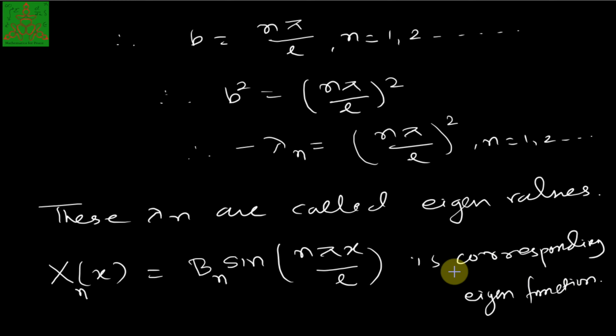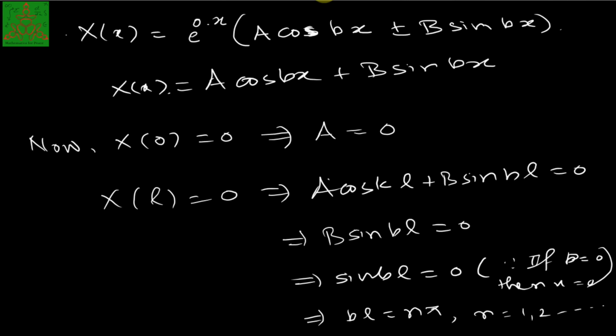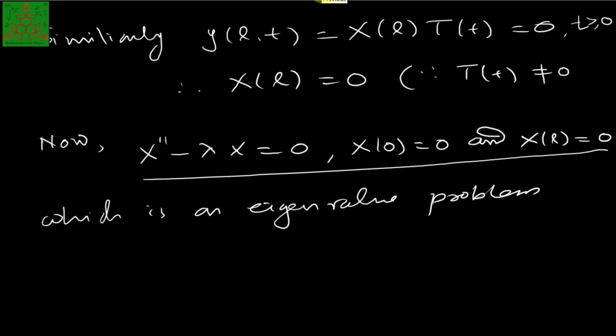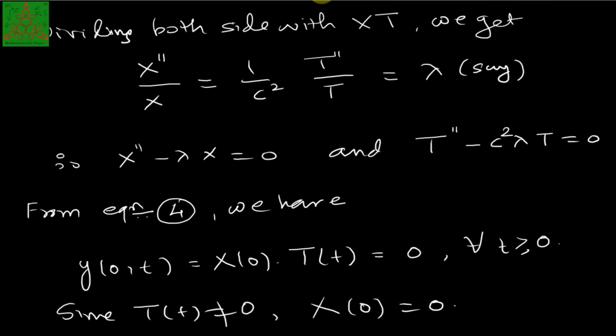Now we need to find what will be Tn, the T solution. The other equation we obtained, so till now we have just solved one side, that means we have solved the solution of this problem.